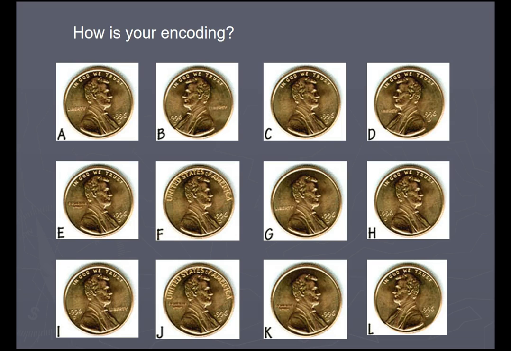We need to be able to tell it apart from other coins. So we know its approximate size and color and its value. You might know the president that's on the coin because you've seen that enough, and that kind of stands out and is fairly obvious. But when it comes to all the details, the words, where the dates are, unless you're a coin collector, you probably don't really pay that much attention to it. So you don't really get that encoded very well.